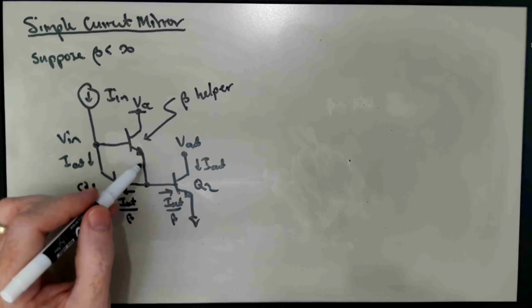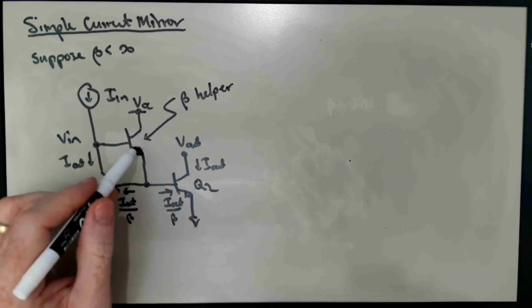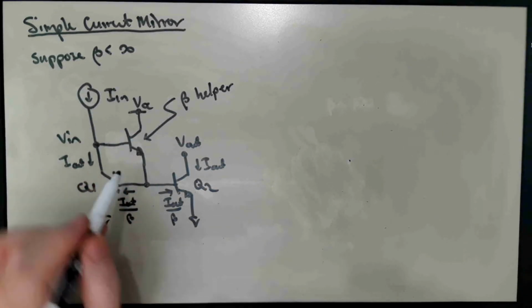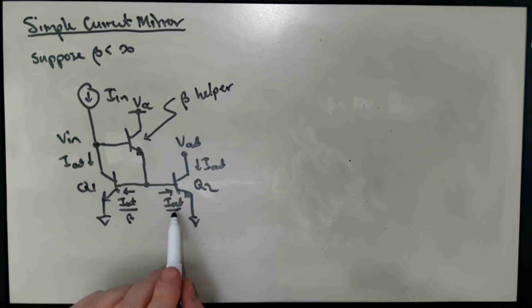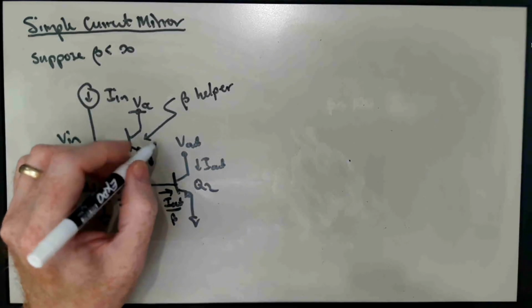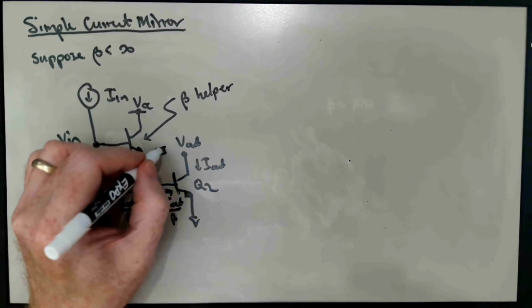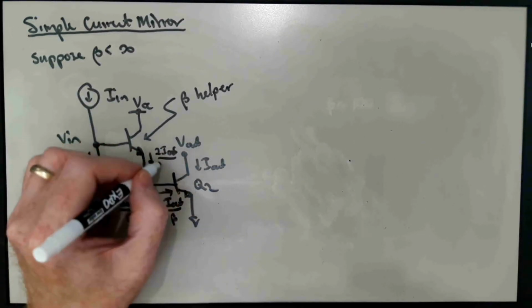And here the bias current for this emitter follower is really the sum of these two base currents. And so this is 2I out over beta.